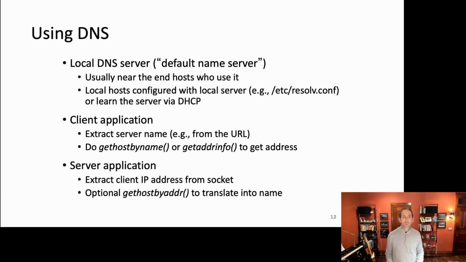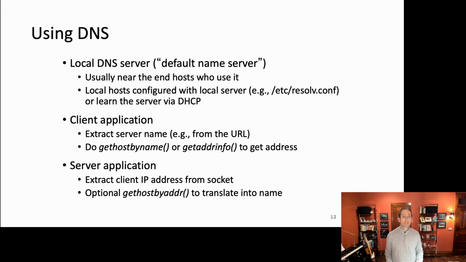That default local resolver may be configured manually, or more commonly, it's often configured automatically via a protocol called the Dynamic Host Configuration Protocol, or DHCP. Usually, you won't even know this is happening because that DNS server is assigned at the same time you connect to the network and get an IP address.